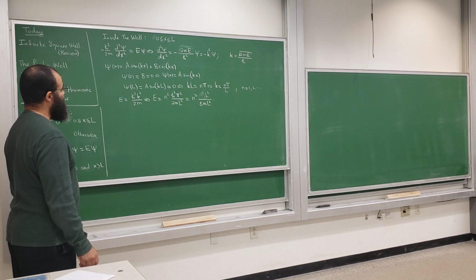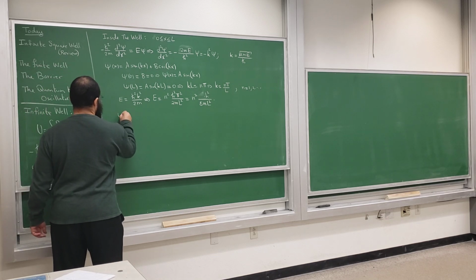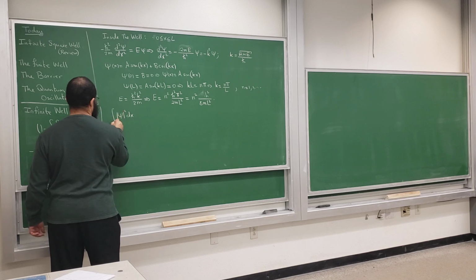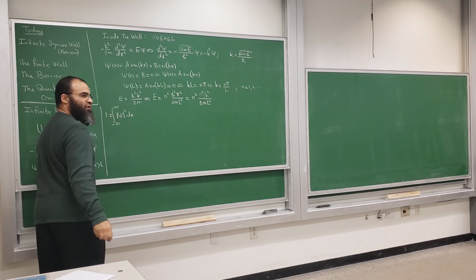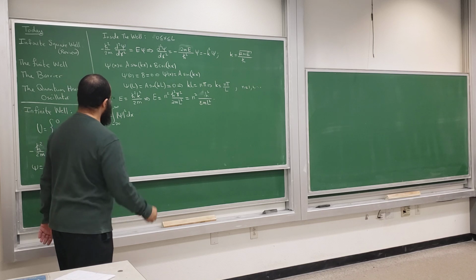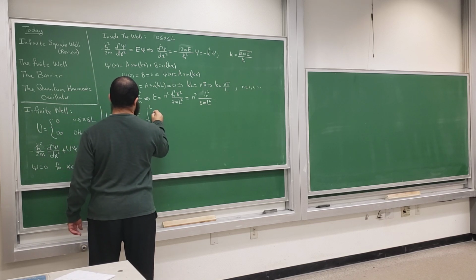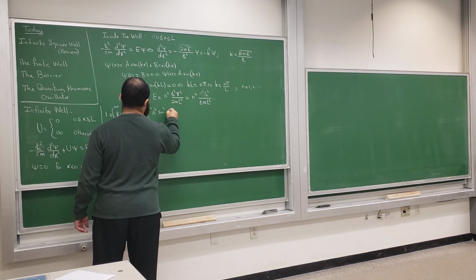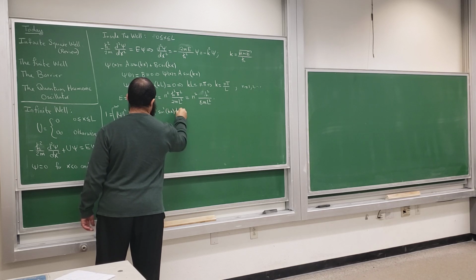Okay. Now, the wave function, we said it must be normalized. Normalized means this needs to equal 1. Now, the only relevant interval is from 0 to L. You get A squared sine squared of kx dx.